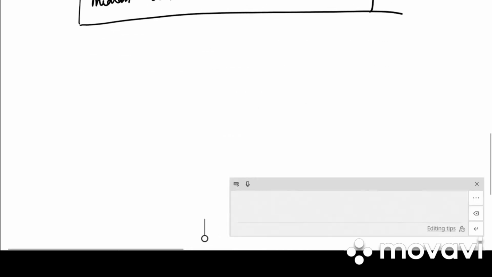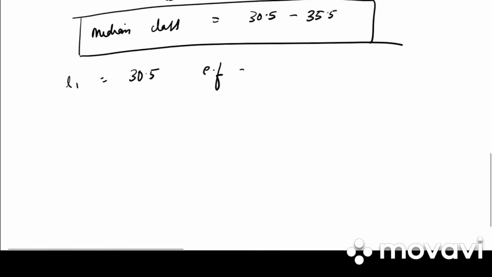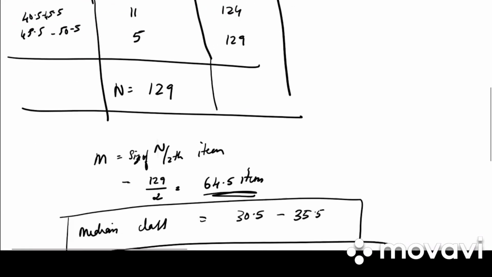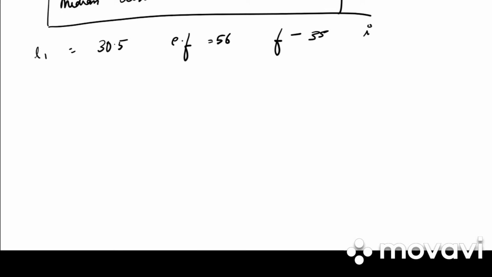So what is L1? 30.5. What is cumulative frequency? It will be 56. What is frequency? 35. I is 5. That is width of the class interval.